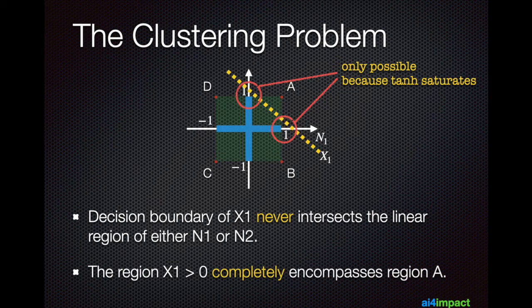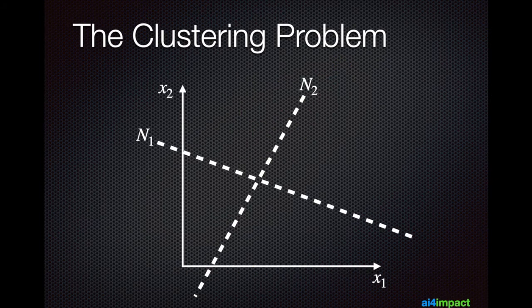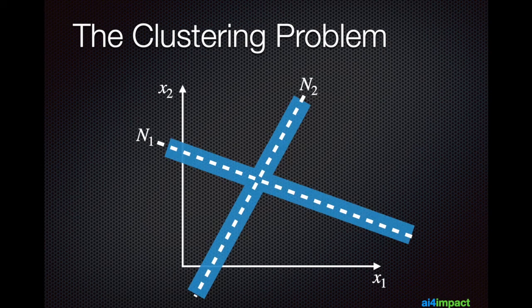The second thing we observe is that the region X1 bigger than 0 completely encompasses the region A. So in our original input space, we will have N1 and N2's decision boundaries. We layer on again the linear regions of each, and this is region A. We know that X1's decision boundary includes A, but never touches the linear region of N1 or N2. And this is what it would look like.